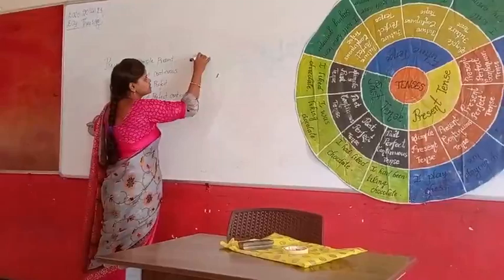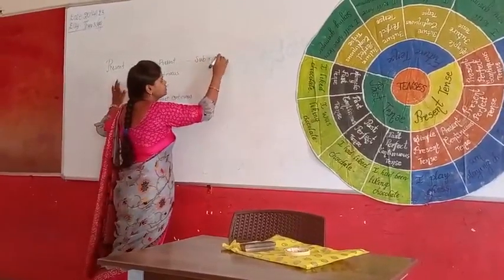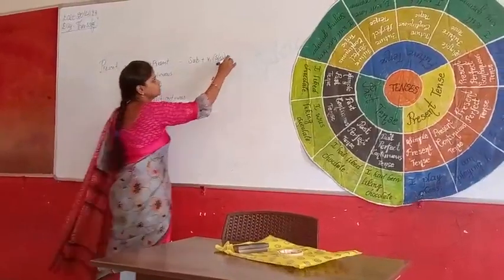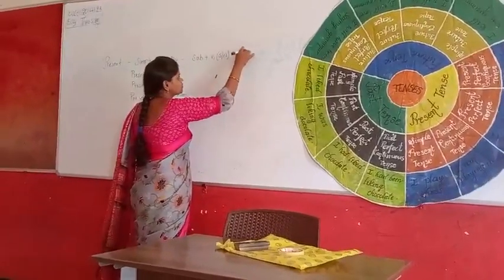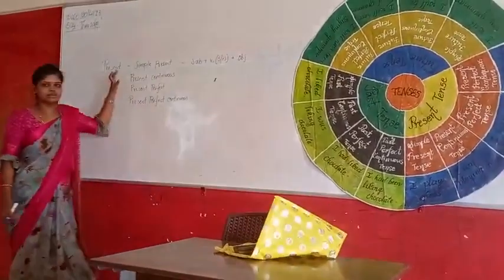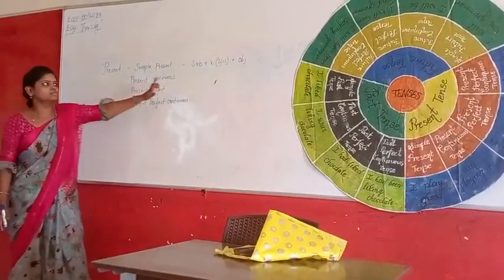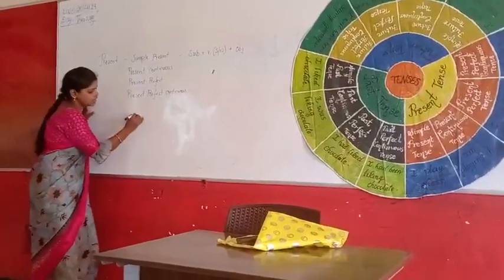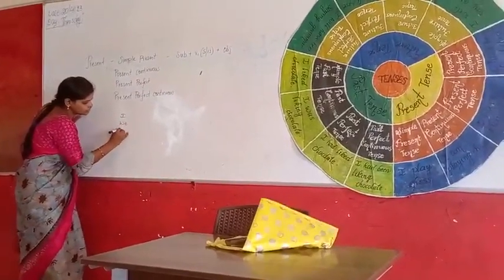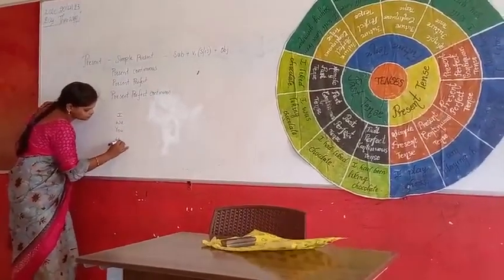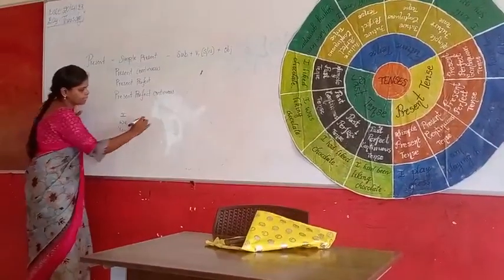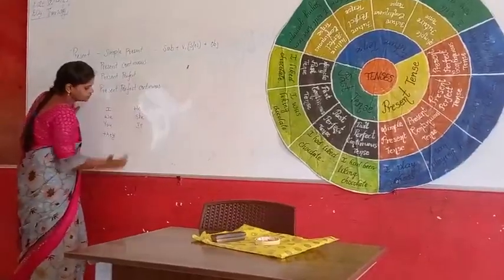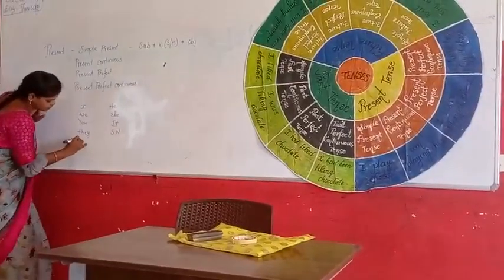Simple present: subject plus V1, we can use s or es for some, plus object. First let me explain simple present subject. If there is I, we, you, they, he, she, it, singular nouns, plurals.